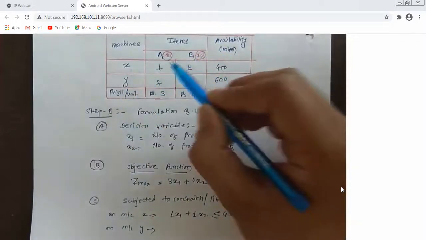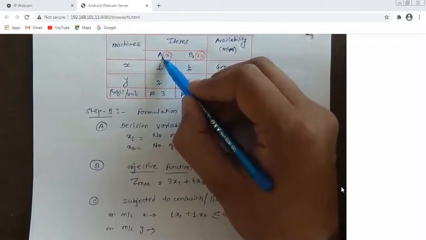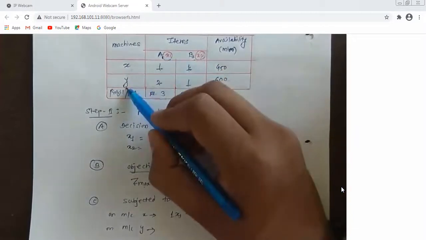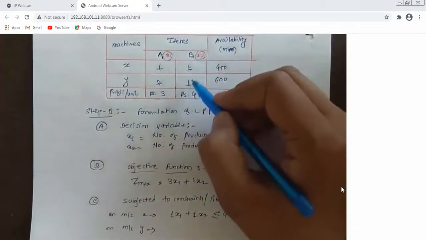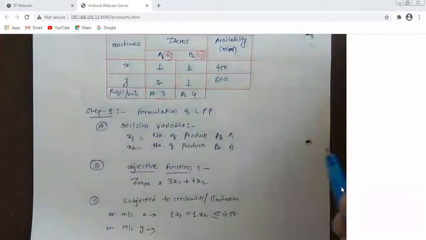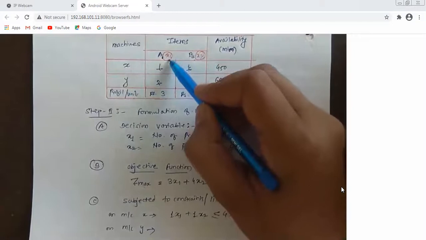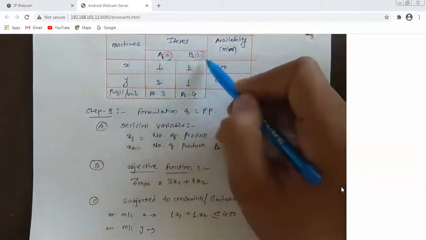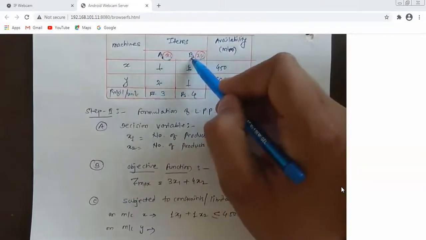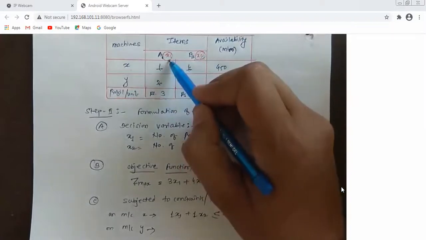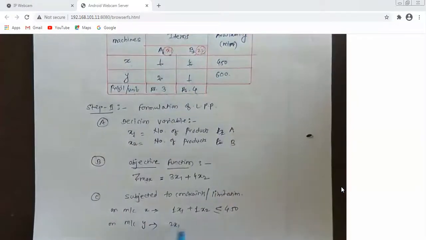That means to manufacture one product of A it takes 2 minutes on machine Y, and similarly to manufacture one product of B it takes 1 minute on machine Y. But here we have considered that we are producing x1 pieces of A and x2 pieces of B. Then what will be the constraint? That is 2 into x1 plus 1 into x2 is less than or equal to 600.